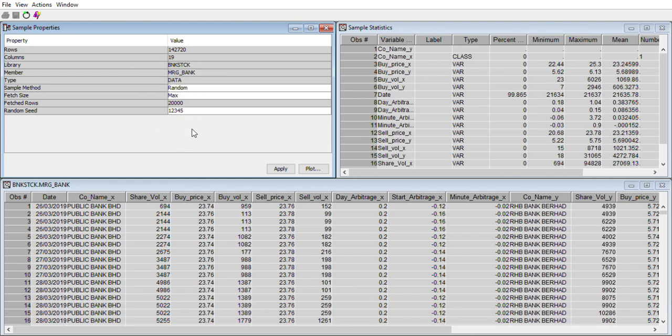Okay, in this video, we will take a look at the arbitrage part of exploratory analysis. Can we find the arbitrage opportunities?